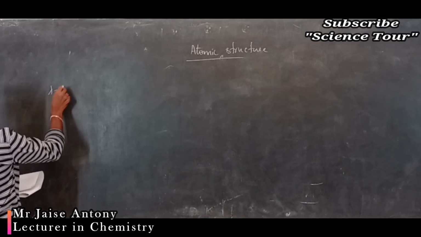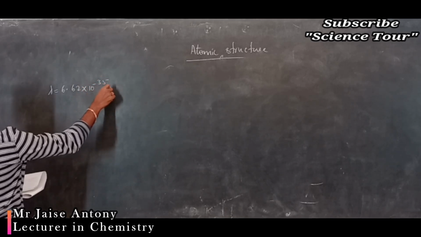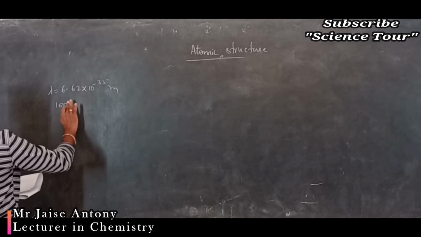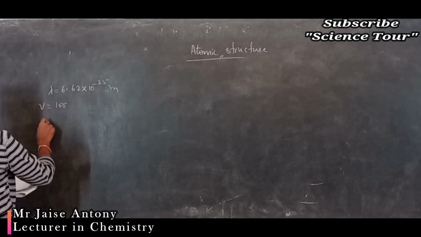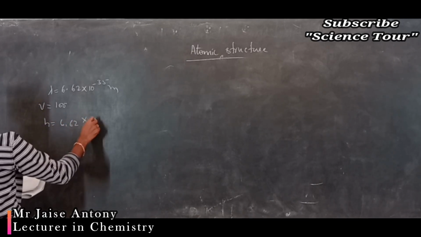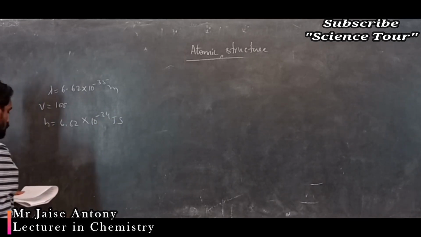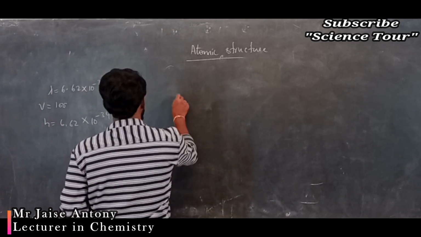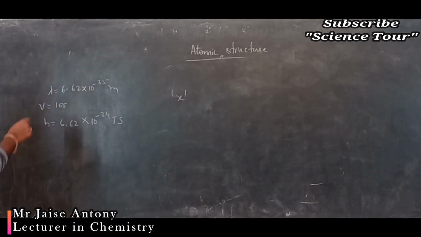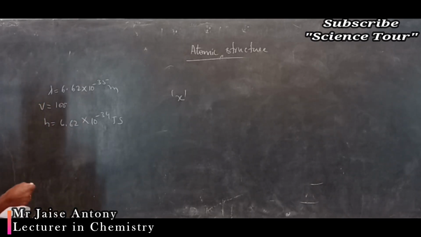Wavelength is given 6.62 into 10 to the power minus 35 meter, and velocity 100 meter per second is given, and h is given 6.62 into 10 to the power minus 34 joule second. Which one? Planck's constant. You have to find the mass of body x. Lambda is given, v is given, h is given. So using this you have to find out the mass.